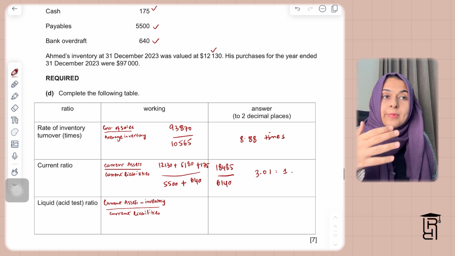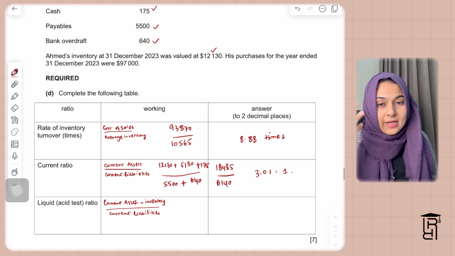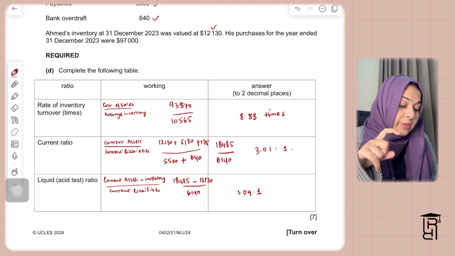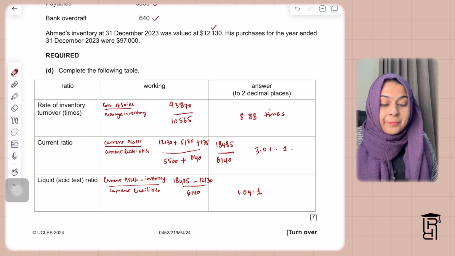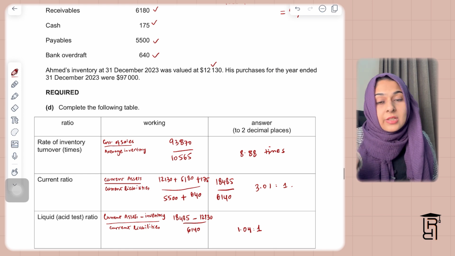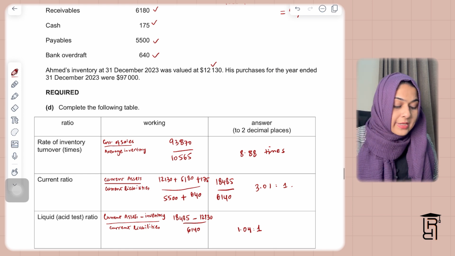Liquid asset test ratio basically tells you how many liquid assets you have to pay off $1 of current liability. Liquid assets in this case are receivables and cash. Inventory is not a liquid asset. Inventory is the least liquid asset.